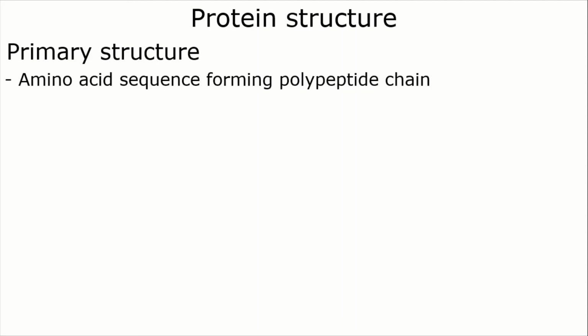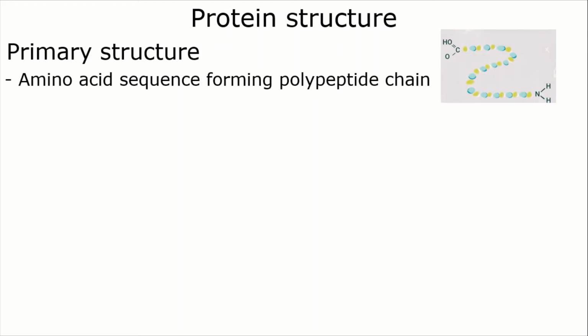So now let's take a look at protein structure. Protein structure is split into 4 different levels, and these are primary, secondary, tertiary, and quaternary. So let's take a look at each of these. A protein's primary structure is simply the amino acid sequence that forms a polypeptide chain.